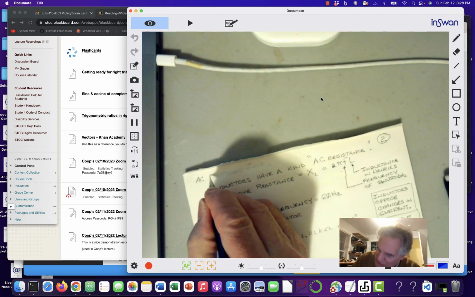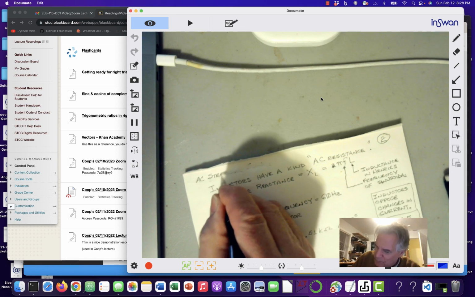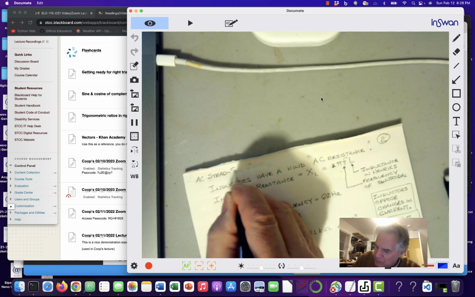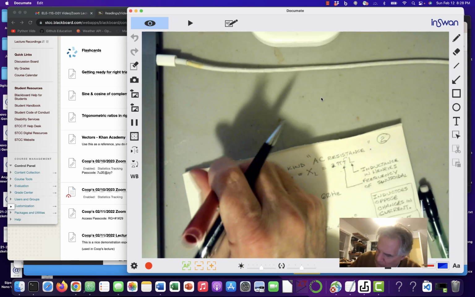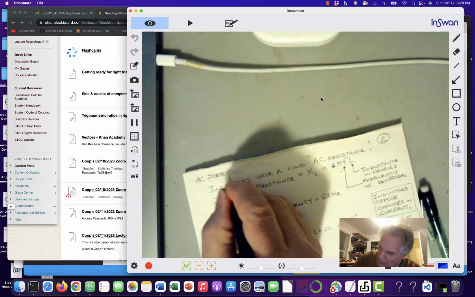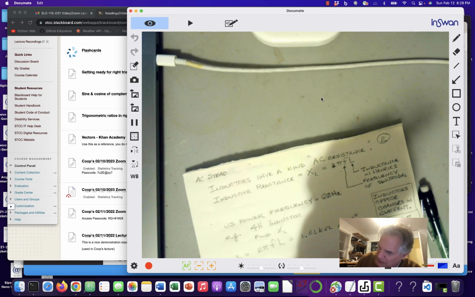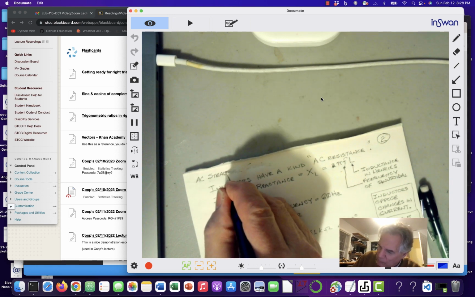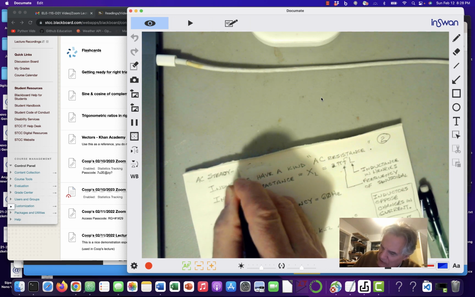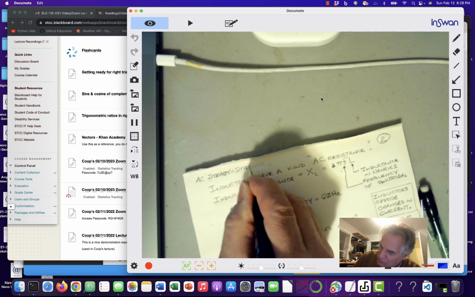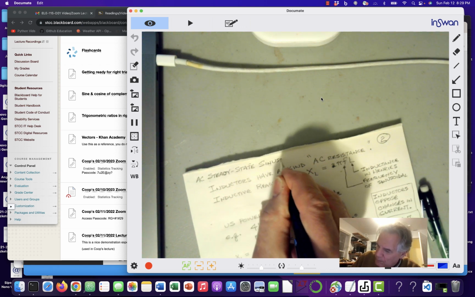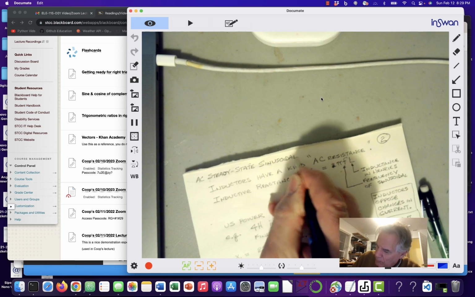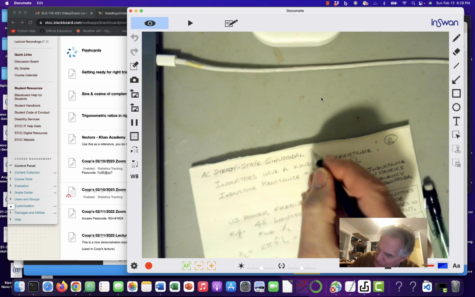We would have AC steady state, meaning it's been going for a long time, and it's all settled down to what it's going to do. So AC steady state sinusoidal analysis, if you will.